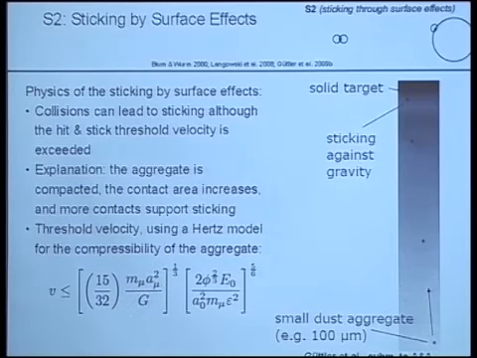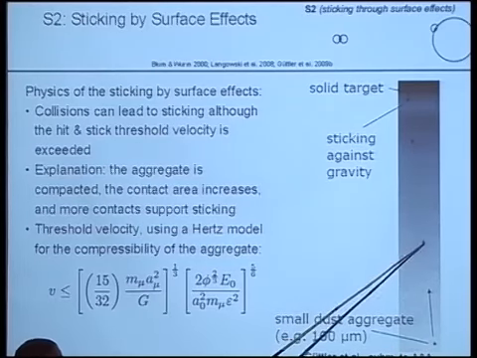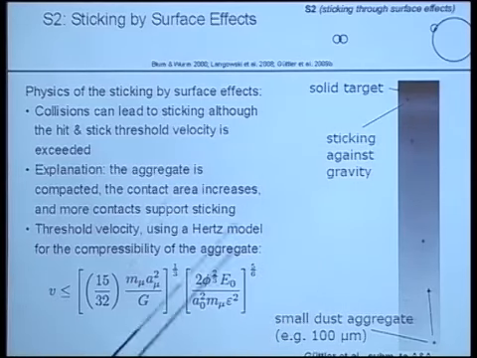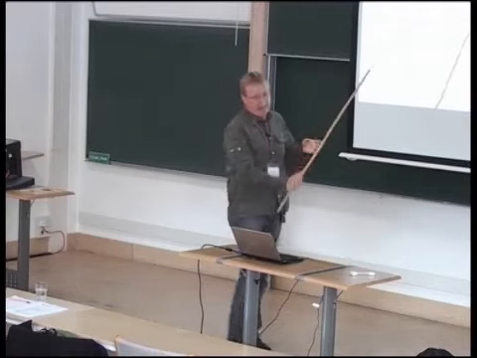And you see an example here. This is a 100 micron aggregate, and this is one image, the next image is here, the third image is here, and there's a target, and it hits the target and sticks. We have measured in the lab at which velocities that happens, and this matches this model more or less nicely. And so we have the second regime. It's not hit and stick, but it's still a sticking process with some compaction.